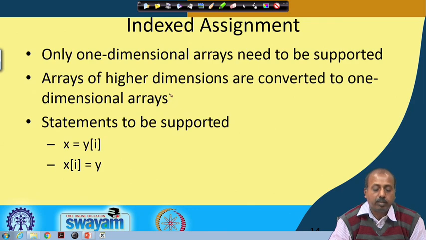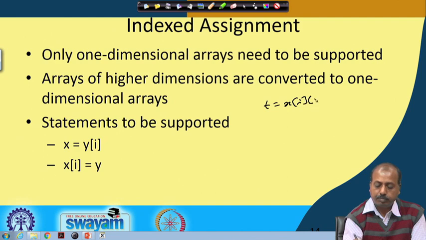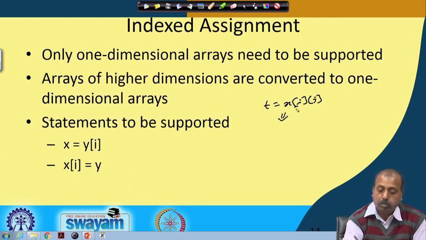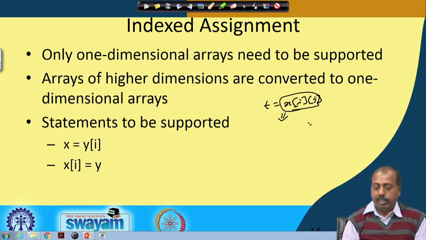I can definitely have a statement in my source language program like t equal to x i j, and then in the 3 address code I should have the appropriate code so that this x i j is converted into some one dimensional array access. Based on the size of this array, the dimensions of this array, you can very easily compute the corresponding index at which you have to refer.